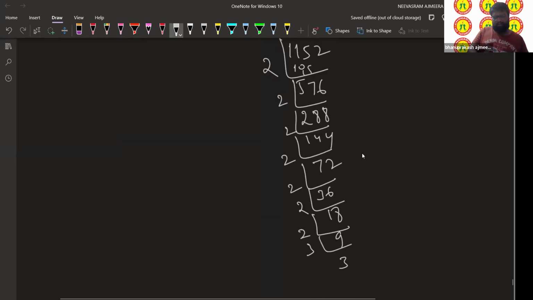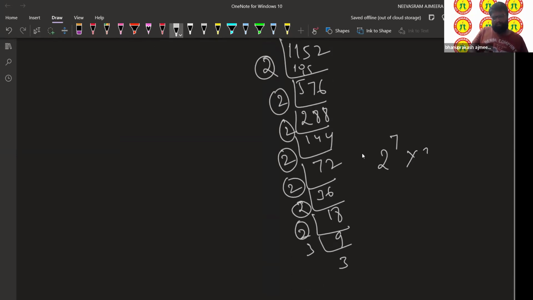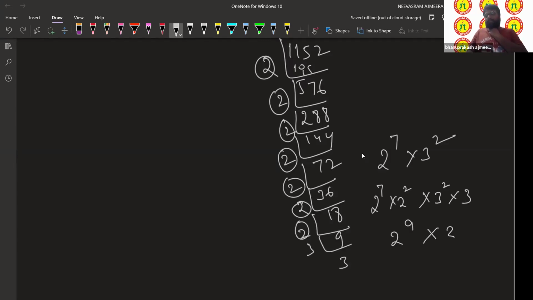So if you see here, this is 2 to the power of 7 into 3 square. To make it a perfect cube, 2 to the power of 7 into 2 square, and 3 square into 3, so that it will become 2 to the power of 9 into 3 to the power of 3. So what number should be multiplied now? 12. So 12 should be multiplied to this.